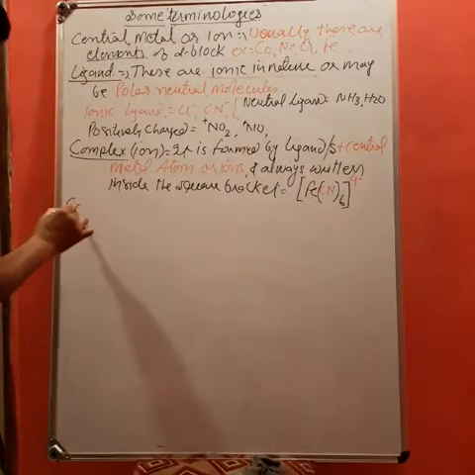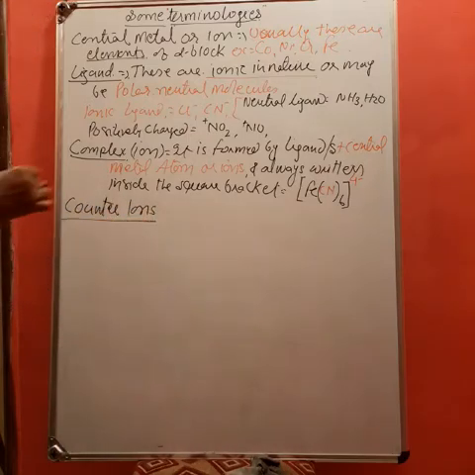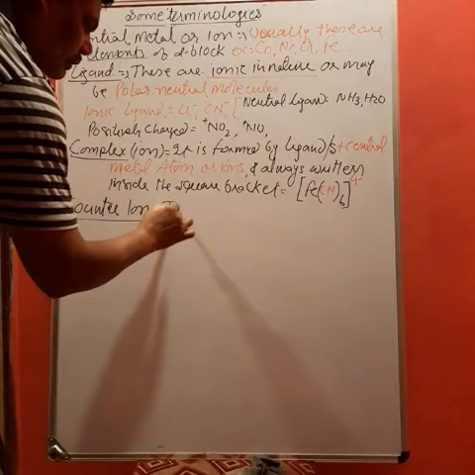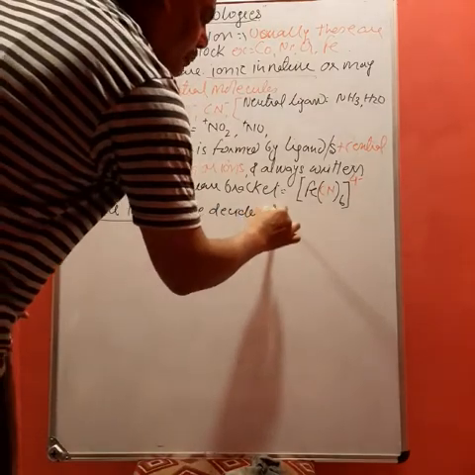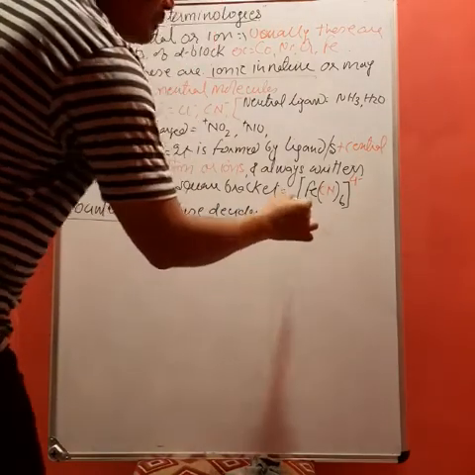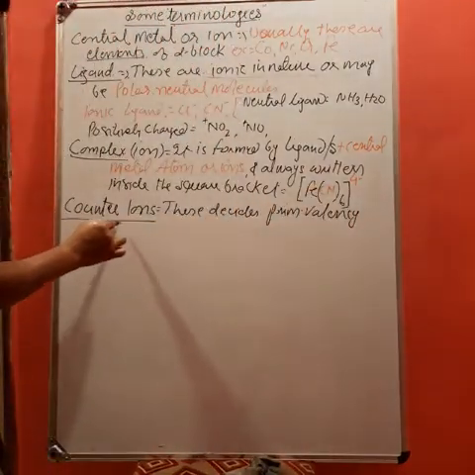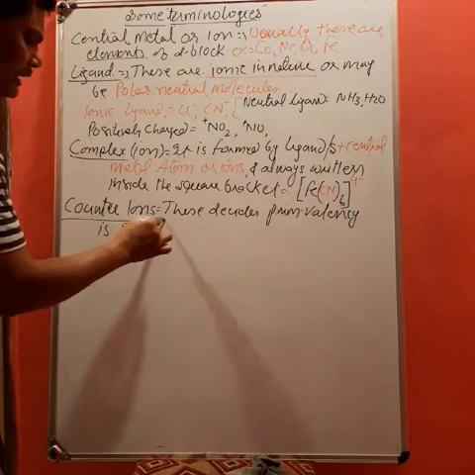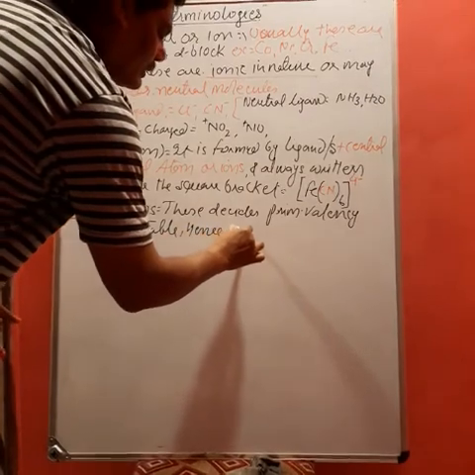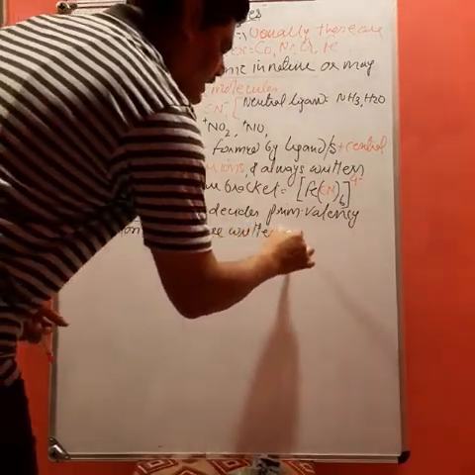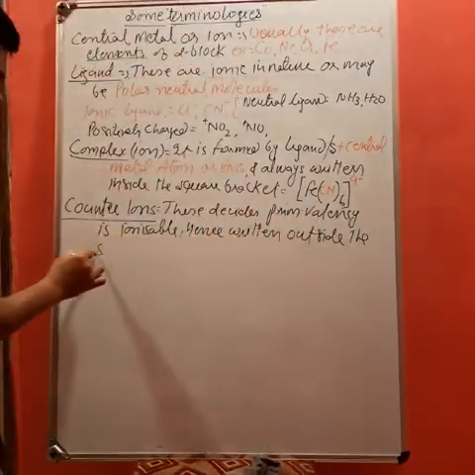One more very important thing: counter ions. These decide what? Primary valency, which is ionizable, hence written outside the square bracket.